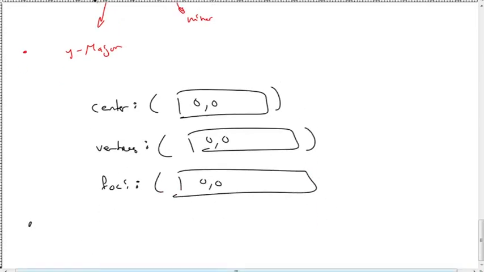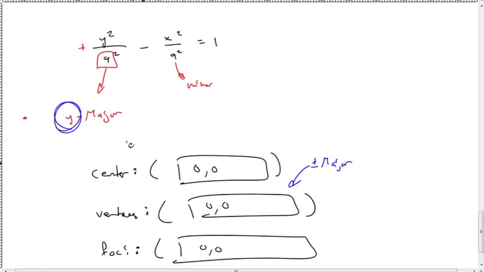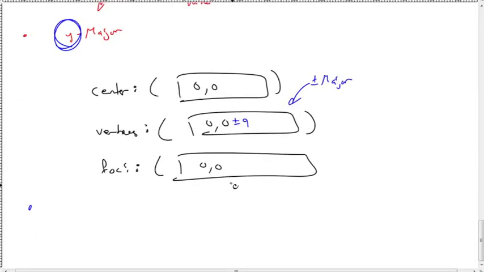So for the vertices, I'm going to say, again, plus or minus the major distance. And major on the actual variable that we need. So it's a y variable, y-axis, so then I'm going to say plus or minus on the y value. My C formula has actually changed for the hyperbolas.